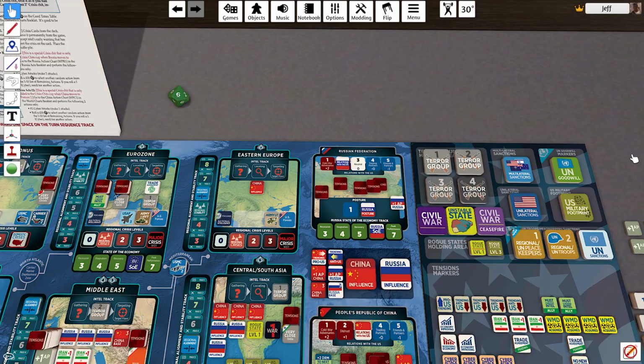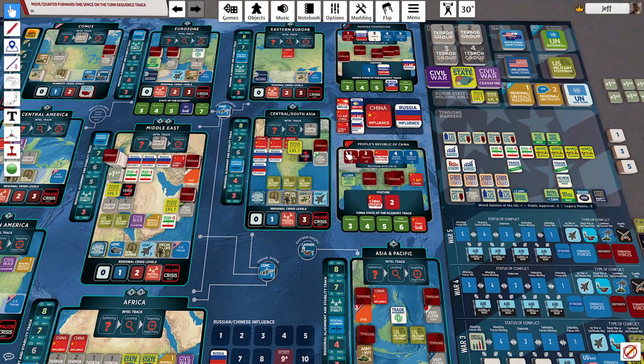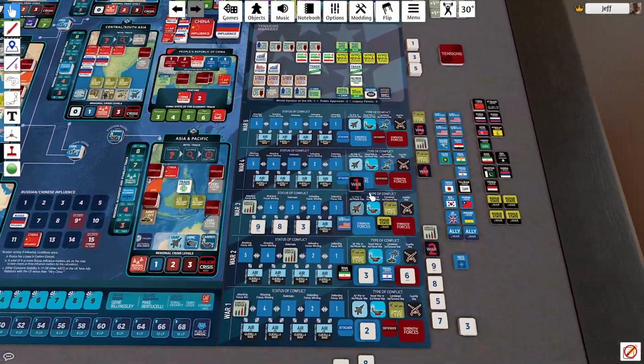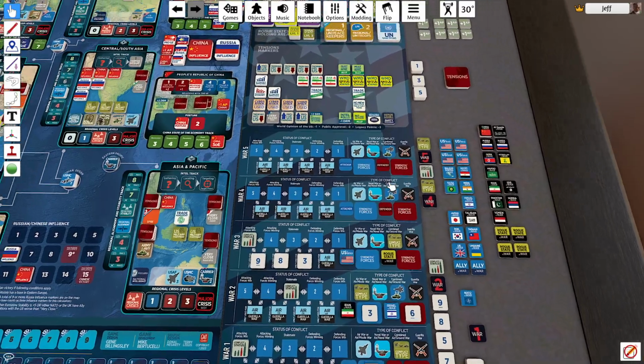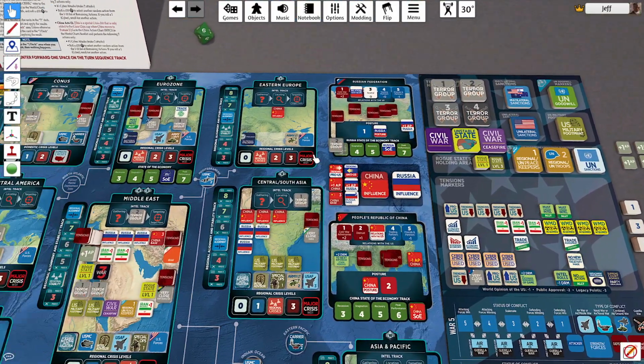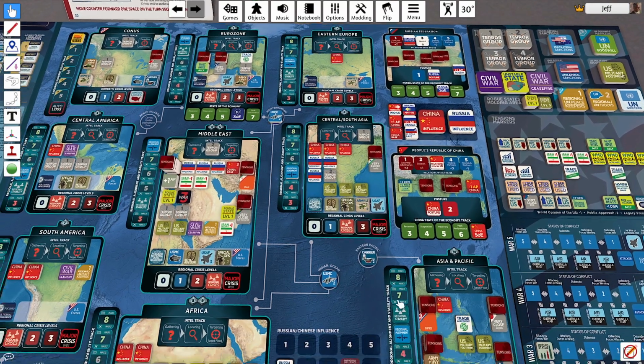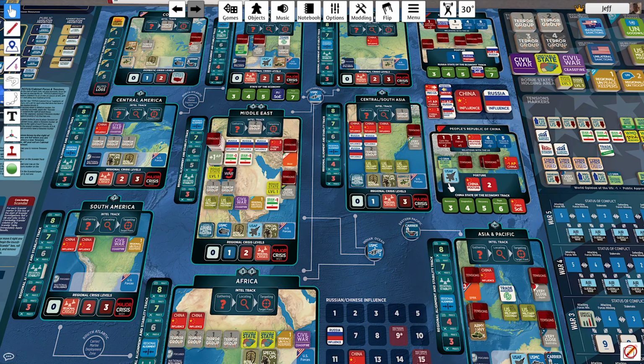Okay, so the rogue state gets destroyed, and a level 2 comes out in its place. That's the only one. Then I get to move forces away, 2 of them.